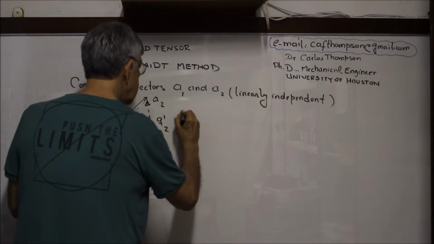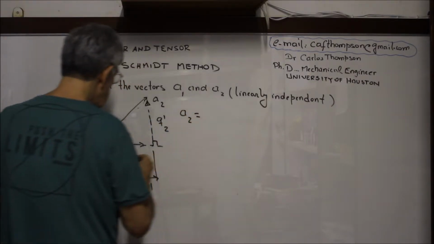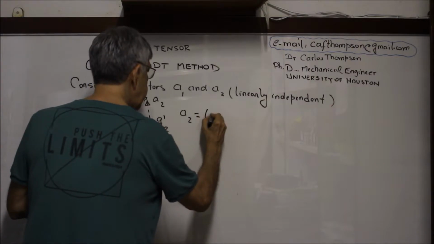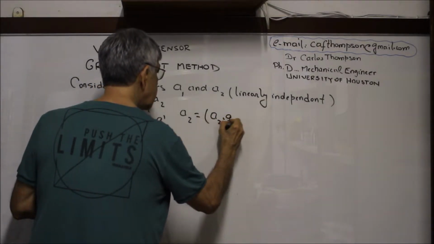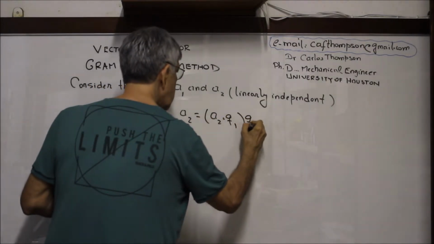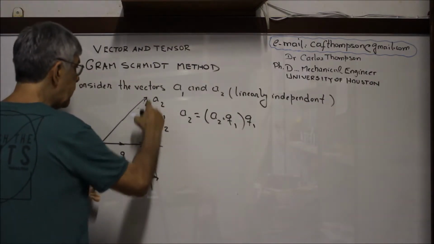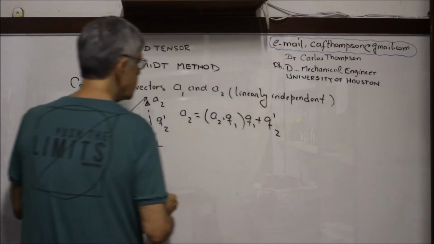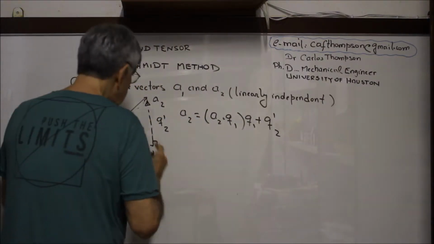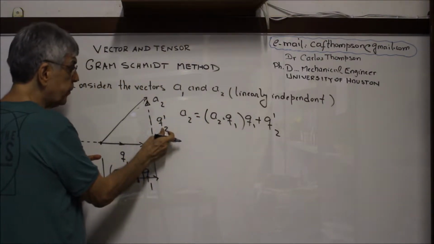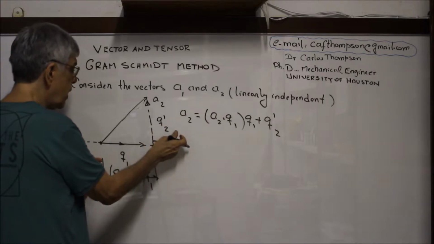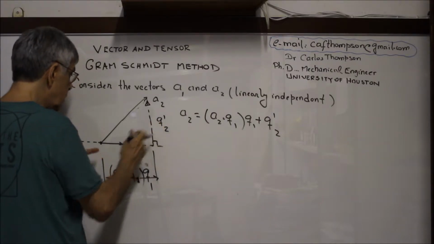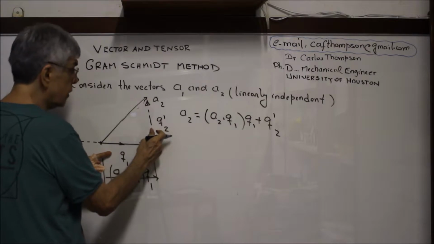So A2 is equal to (A2 dot Q1), so this is a vector, plus Q prime 2. Okay? You see that Q prime 2, or Q2 prime, is perpendicular to Q1, which is good.